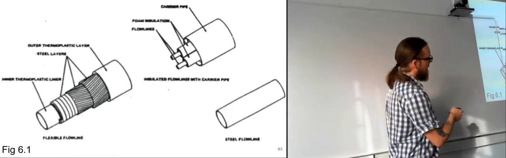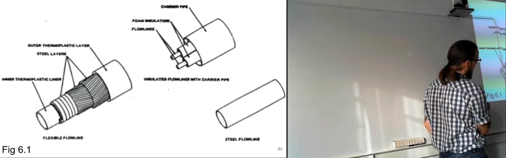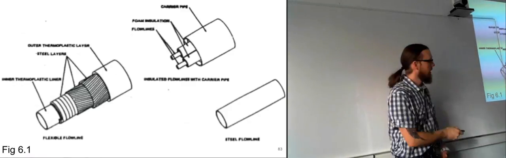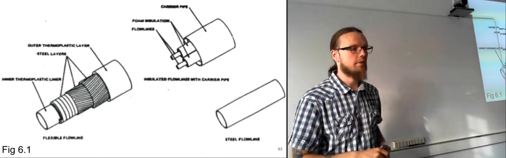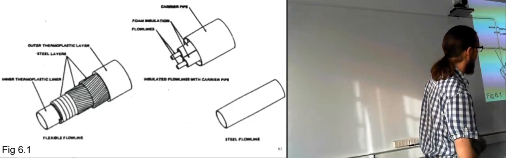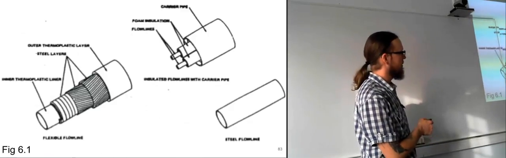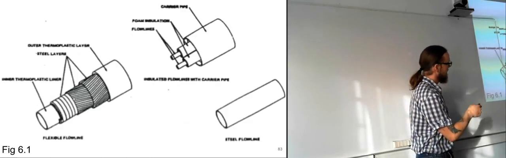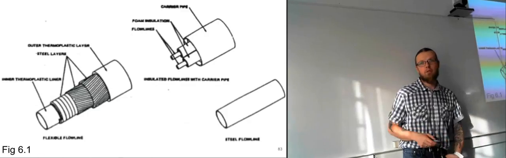So if you strip away the outer plastic and pull out the inner plastic, it looks kind of like a hollowed out steel wire. This kind of flexible flow line is a very nice principle for getting a lot of strength. But of course, these are a lot more expensive than the other ones.